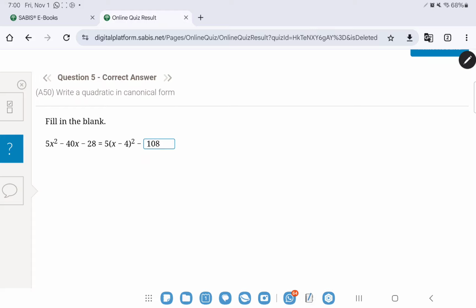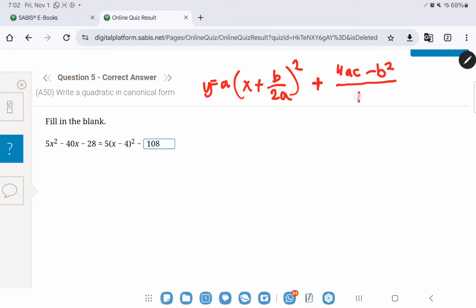So our canonical form equation is y equals a into x plus b over 2a, squared, plus 4ac minus b squared over 4a. We need to do all of this to get the answer.